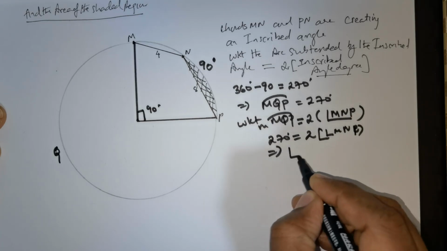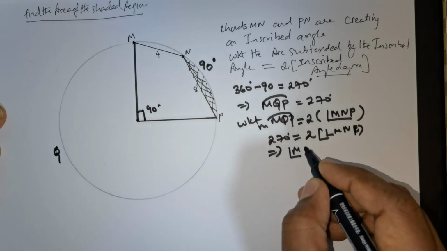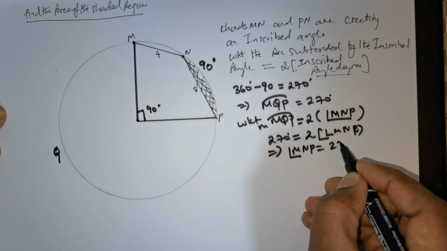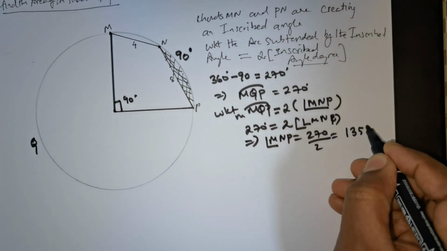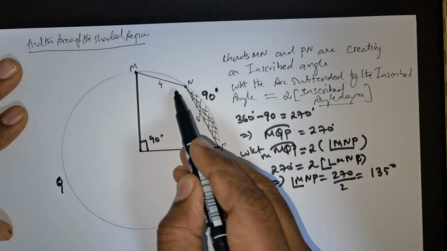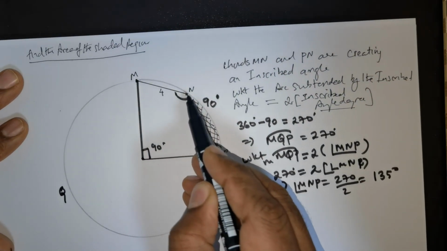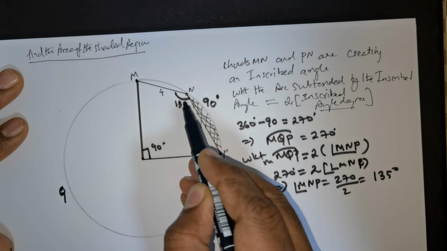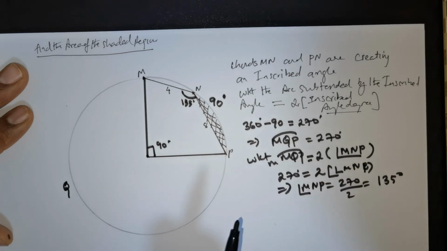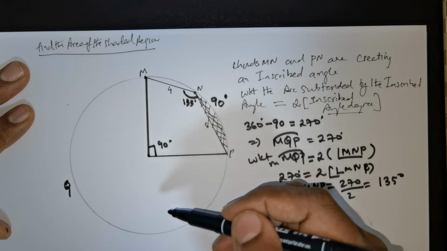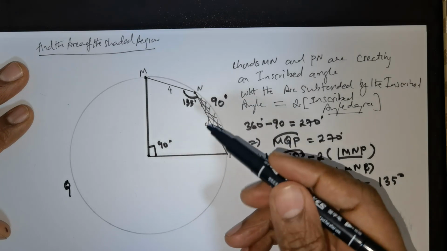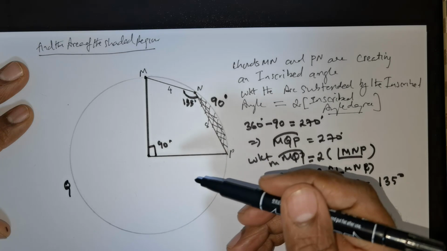So the measure of MNP is equal to 270 divided by 2, which is equal to 135 degrees. So this angle is 135 degrees, right? Isn't it lovely? Just to extract that value is a really amazing part.